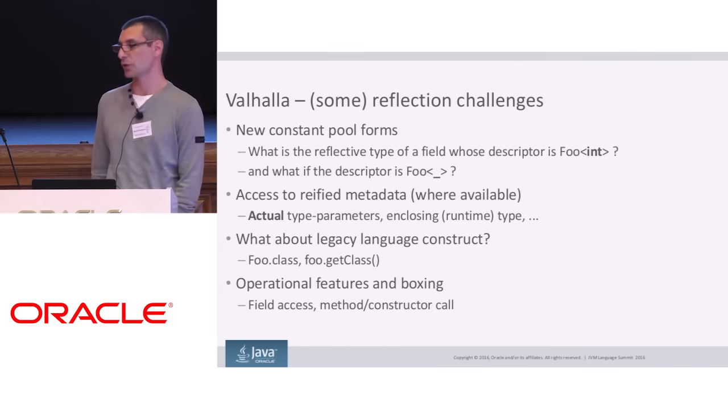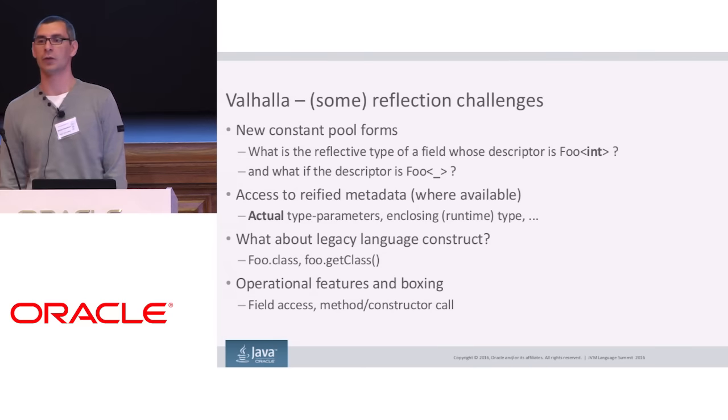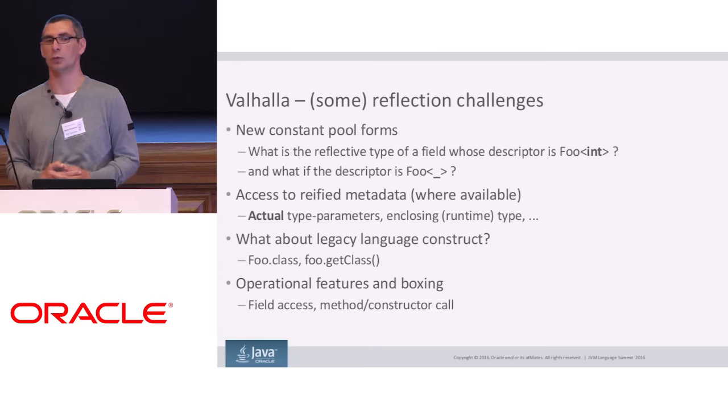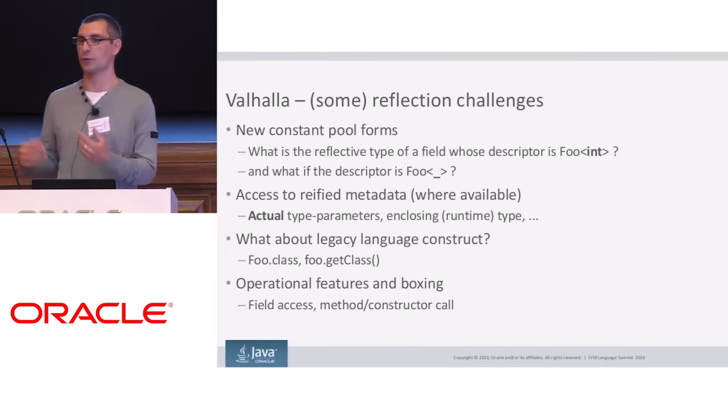And the first challenge of Valhalla-based reflection is to be able to expose information in such constant pool entries. Because if we don't, this information is going to show up in descriptors. If we are not able to reflect over this information, we are not able to, for example, look up a method handle that shows up this information.